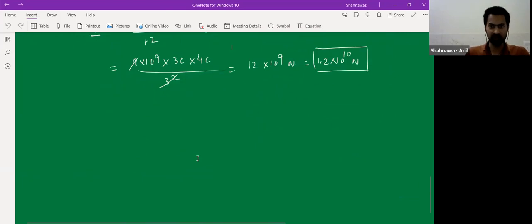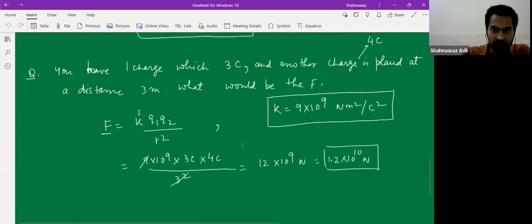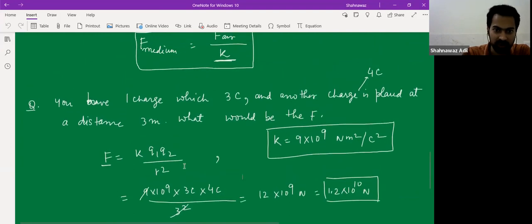We did one question based on Coulomb's law, right? Now let us do one more problem based on Coulomb's law.